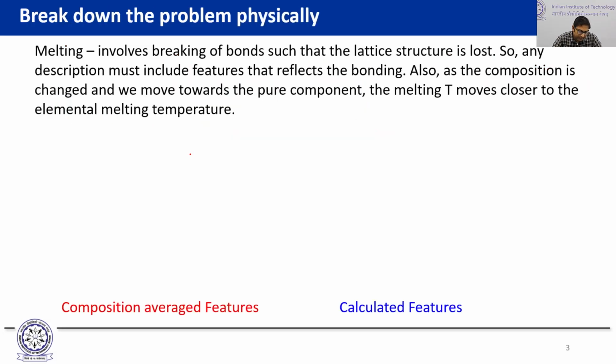Let's break down the problem physically. So we are talking about liquidus temperatures, meaning that we are talking about melting. So going from the solid state to the liquid state. When you think about this process, in case of an alloy, the melting does not occur at a single temperature. It is going to occur over a range of temperature. So your onset melting is where you have the solidus temperature.